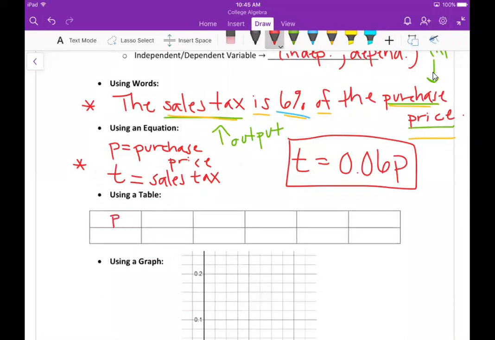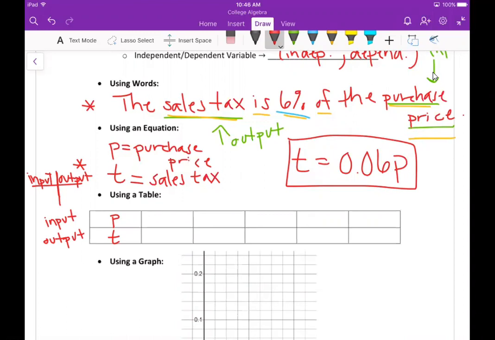Our input variable here is P, and our output is T. So again, typically if you have a table, your input will go in the top, and your output will go in the bottom. Sometimes you have tables vertically, in which case you have your input on the left and your output on the right of that table. And you would have a table kind of set up like that. All right, so just kind of traditional ways to set up tables.